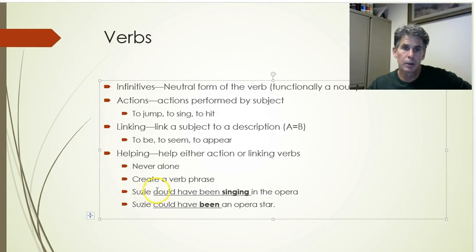And you can see one here. Could is a helping verb, have is a helping verb, been is a helping verb, singing is the last verb. That's an action. That's something you do. So your full verb here is helping, helping, helping, action. This remains an action phrase. That's what this is. An action phrase. The last one in the verb line is the main one.